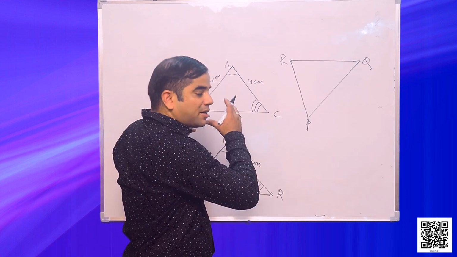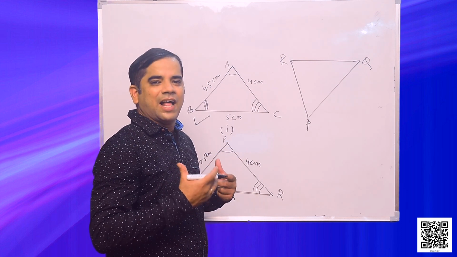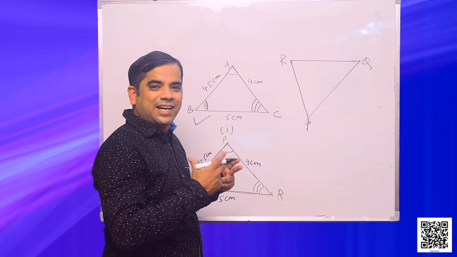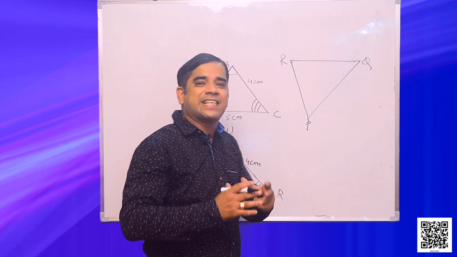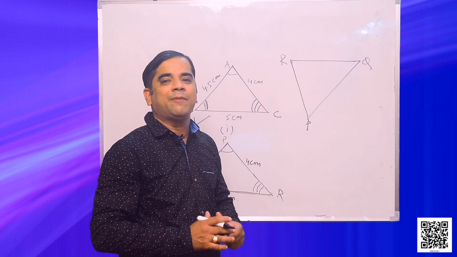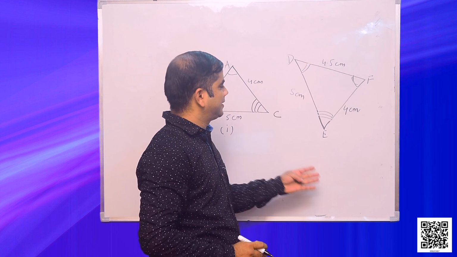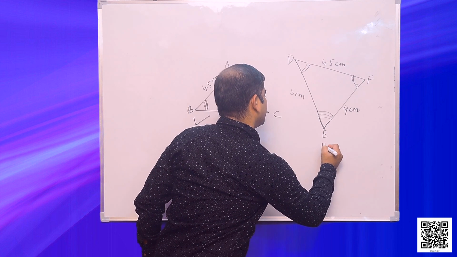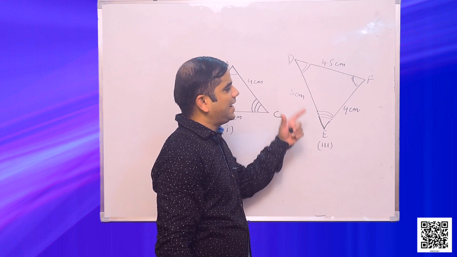Now if I put one triangle over another, I can feel as if they are a single triangle rather than two triangles, because they will exactly or completely cover each other. Okay? So students, this is figure 3, the triangle DEF.